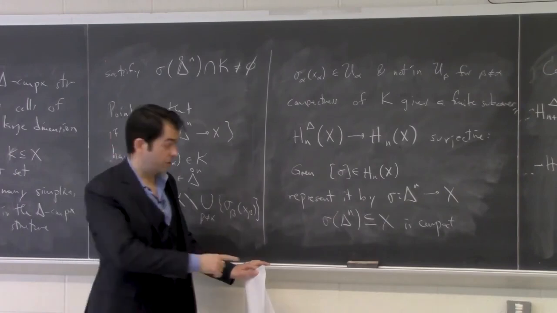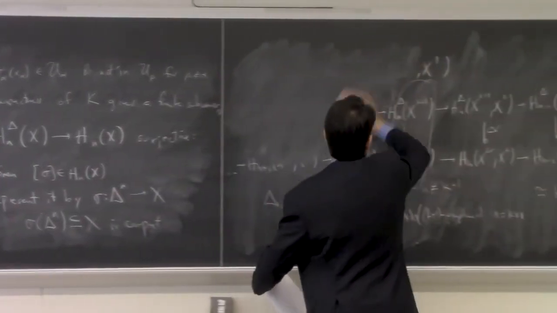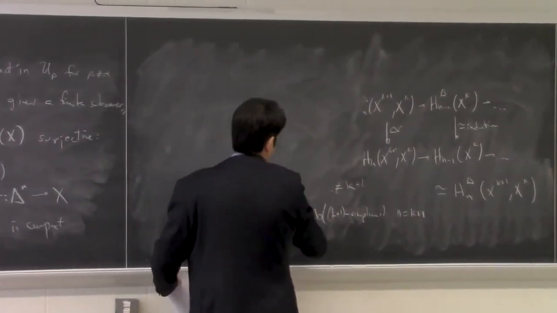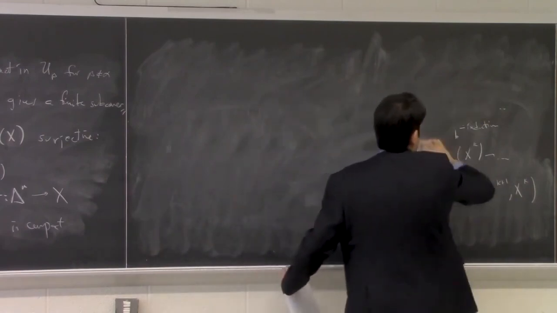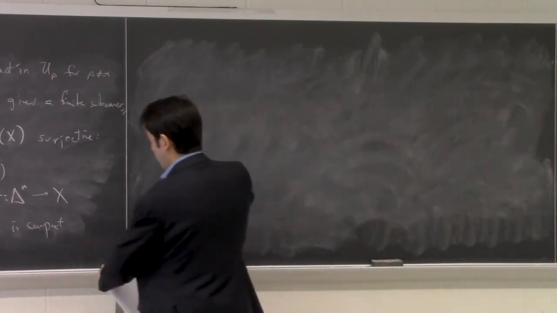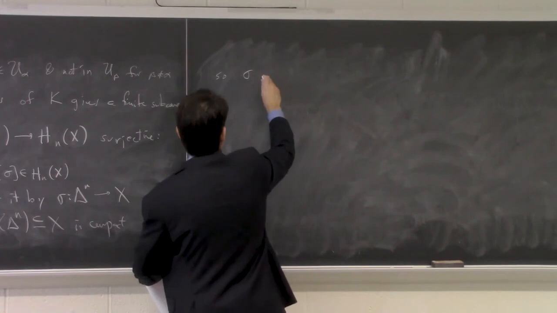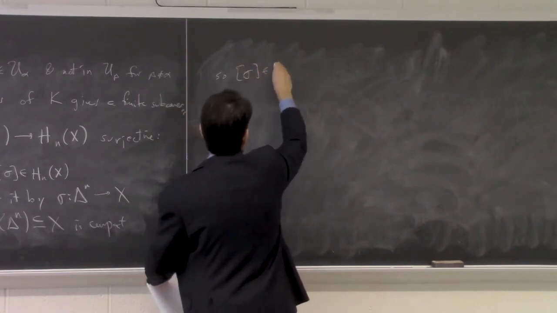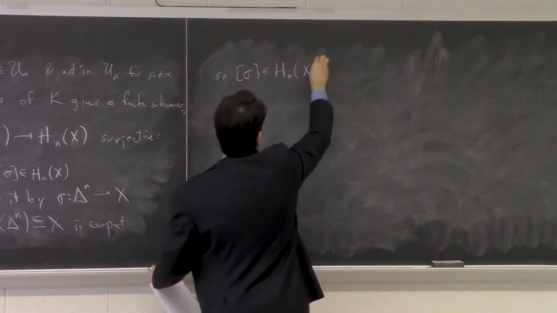Since it's compact, it only meets finitely many simplices of the delta complex structure. So the class of sigma is actually in Hn of Xk for some k.